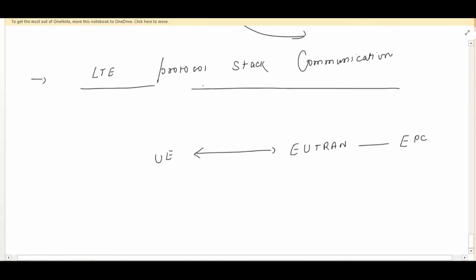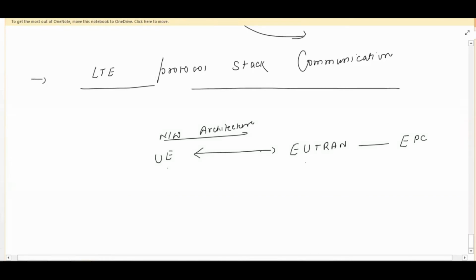To understand the protocol stack architecture, first let's understand the network architecture. Then based on this we'll understand how these entities communicate through which protocol.